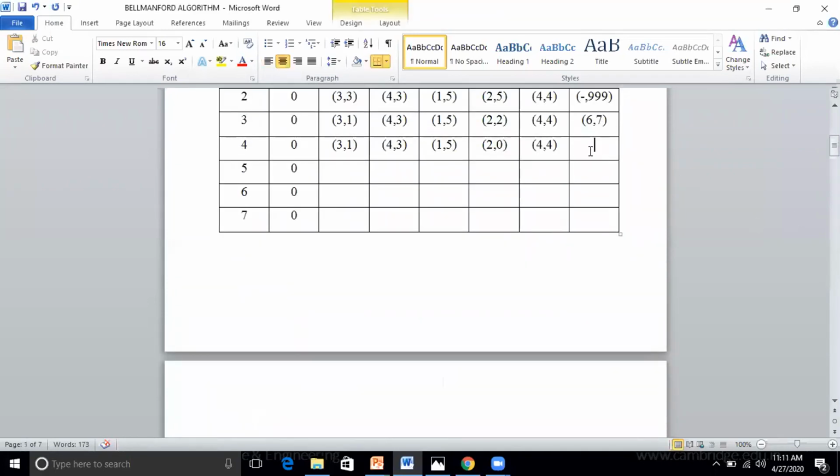So I hope you have understood it here. Okay. 5, 5. So now you people calculate the next iteration and tell me the values. Take your time, solve and tell me the values first.